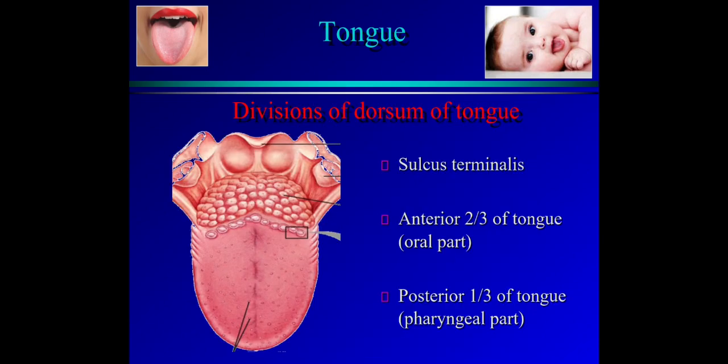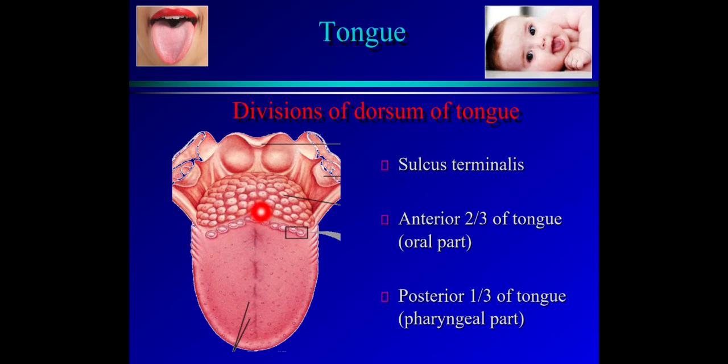Now this is the surface view of the tongue. In the surface view, we'll see the divisions of the dorsum of the tongue. These divisions are formed by a V-shaped sulcus called the sulcus terminalis. Here this is the sulcus terminalis. This is the central part of the sulcus terminalis, and behind that there is the foramen caecum.